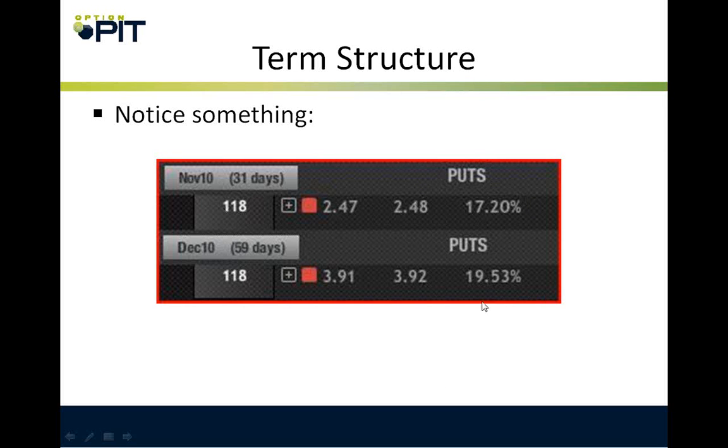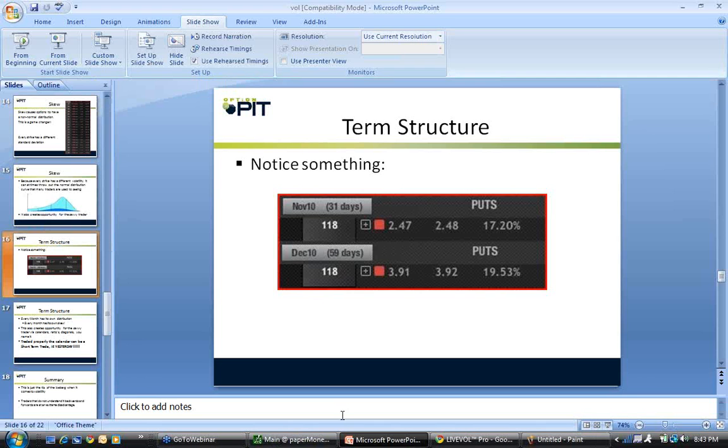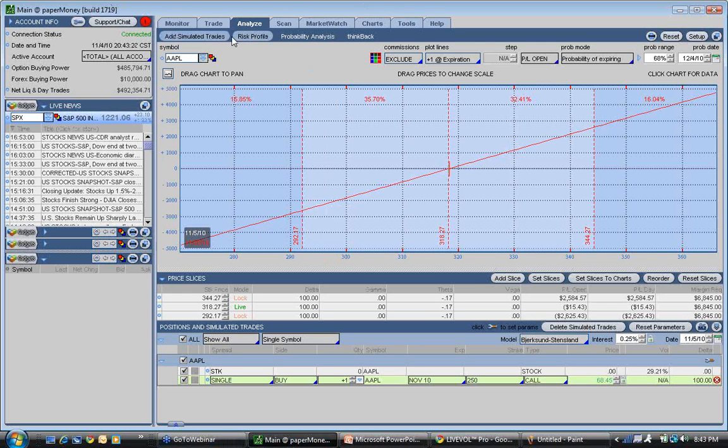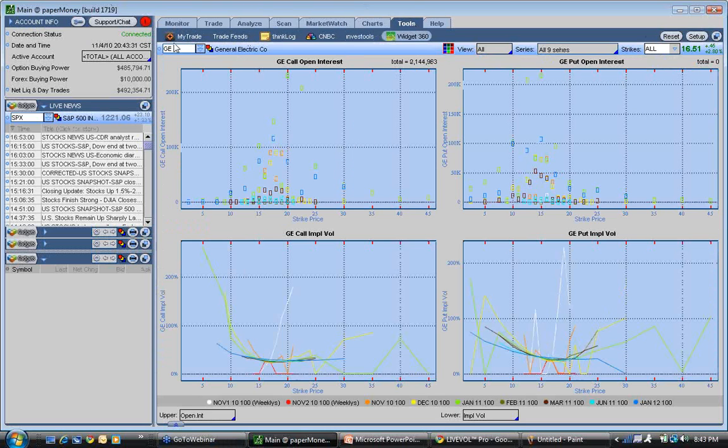I like it. Well, put vol higher. No, the back month vol is higher. They're both puts. One's November, one's December. And so you've got this thing that comes up that's kind of the skew structure, the term structure of the trade.